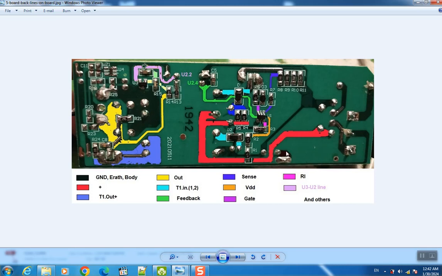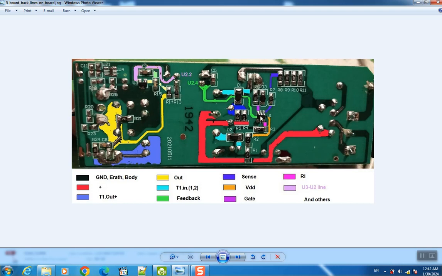This one, and the earth line, which is located here. Positive line is the red one. Transformer out plus. This line, feedback.